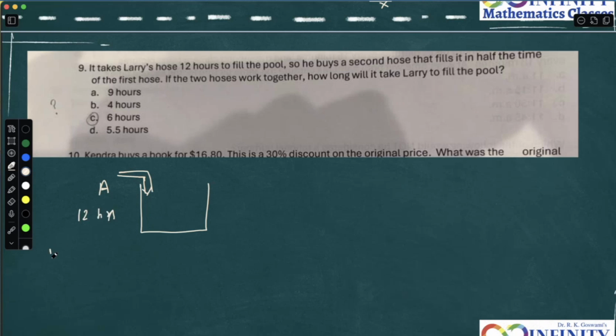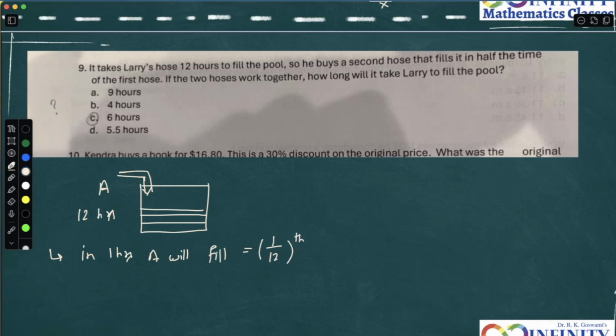Just suppose in 1 hour this much is done, 2 hours, 3 hours, and in 12 hours you will be here. Am I right? This is the meaning of filling the tank. Yes, sir. So in 1 hour, how much will A fill? It will fill 1 by 12th of the tank.